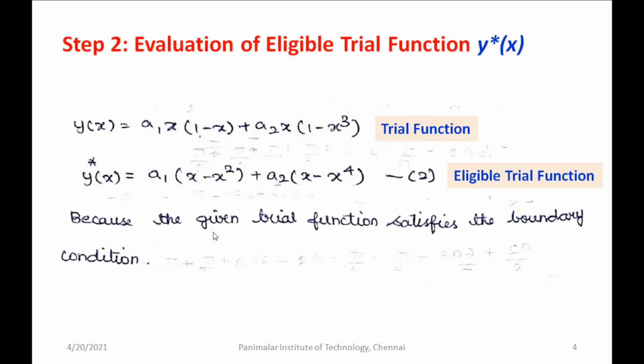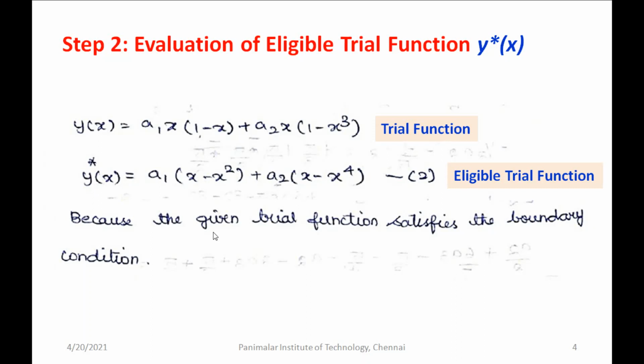Now coming to the trial function part. Actually we have to assume a trial function, then we have to make the trial function into an eligible trial function. This is the usual procedure, but in this example, since the trial function is mentioned in the question, we are considering that trial function. But before using it, we have to check whether the given trial function satisfies the boundary conditions specified.